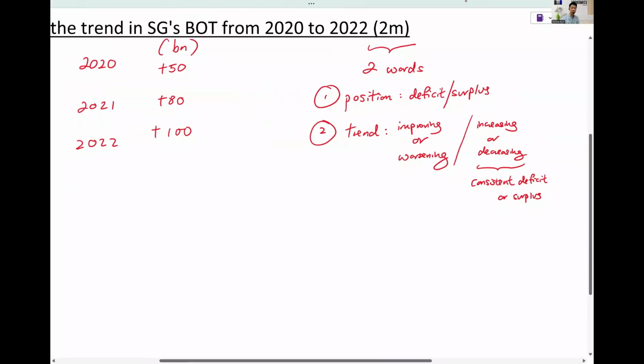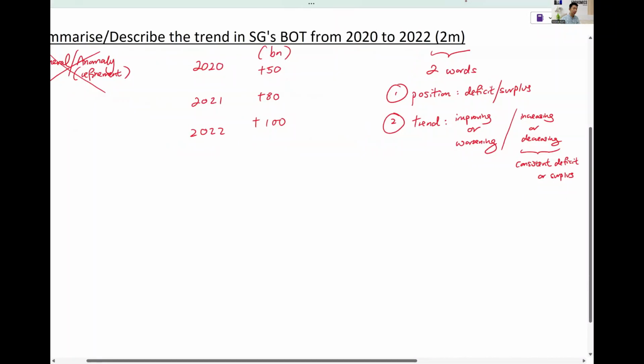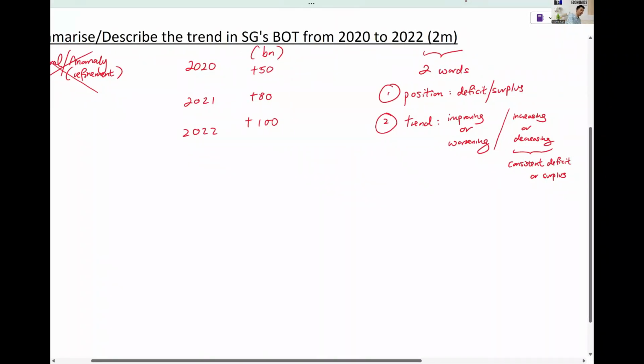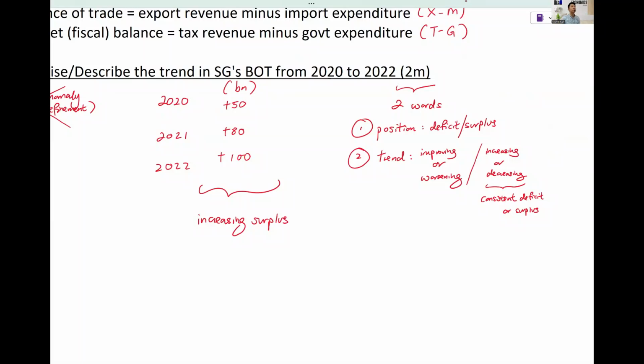So 2 words for the 2 marks. If I try to answer this, my answer will be, okay, increasing surplus. 2 marks. Because position is here and the trend is here.